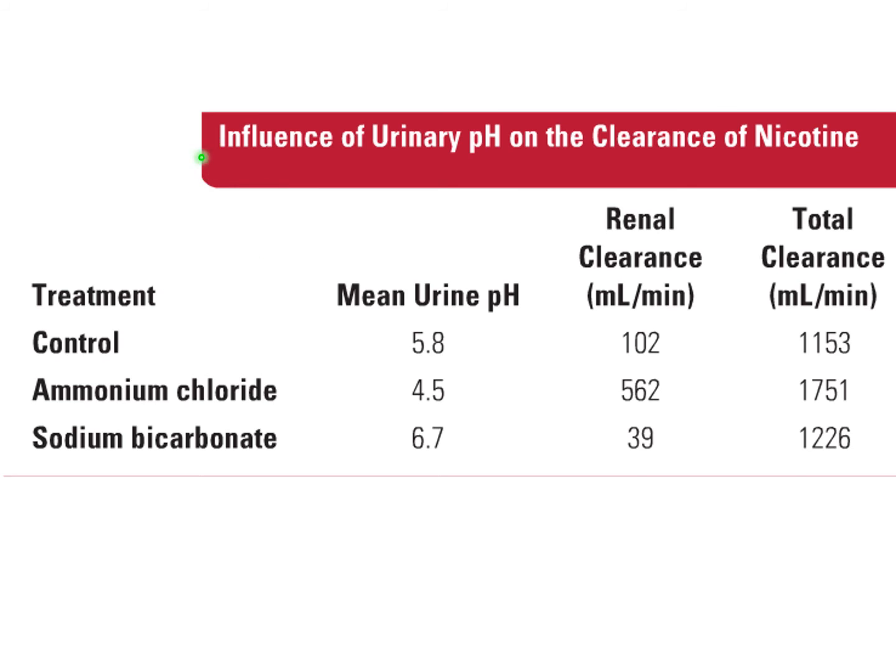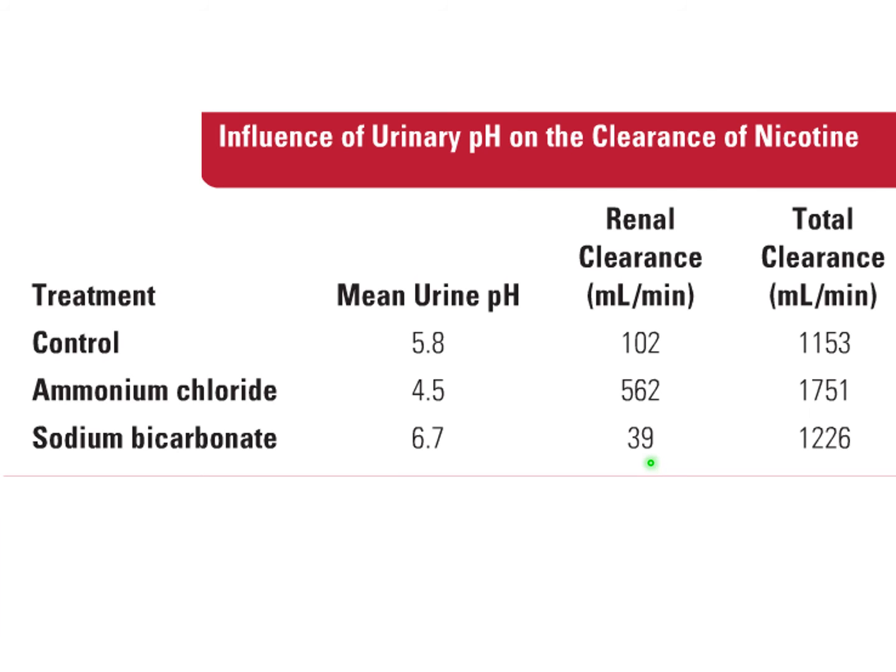pH of body liquids is also very important. This is just an example of how quickly nicotine is removed depending on urine pH. If we usually have a clearance of 100 ml per minute, then with acidic pH it dramatically increases, and with more basic pH of urine, it drops down.